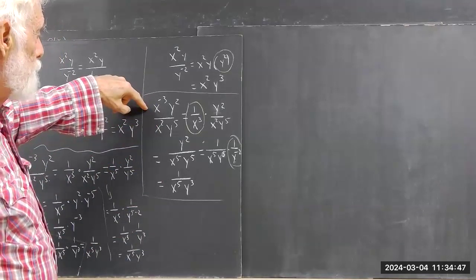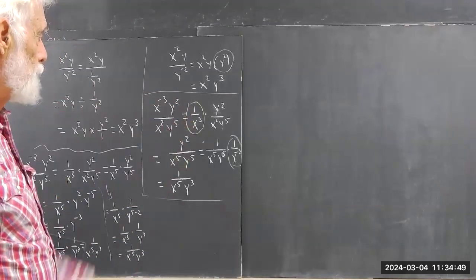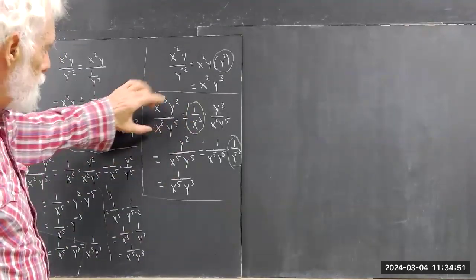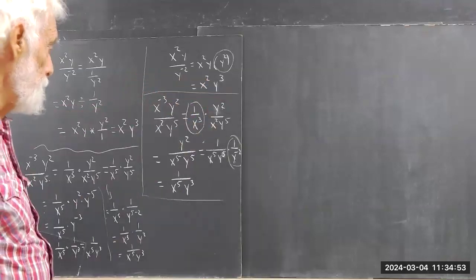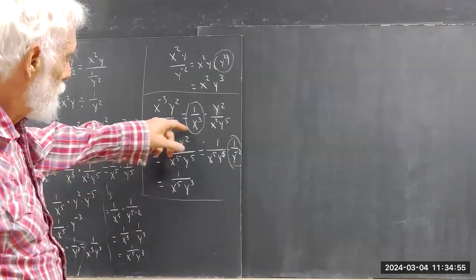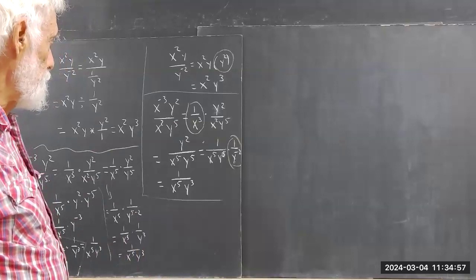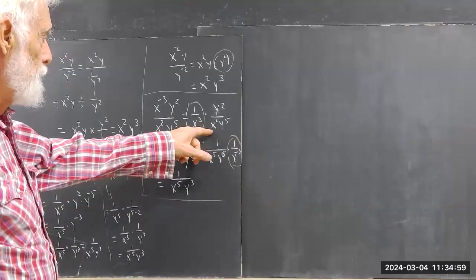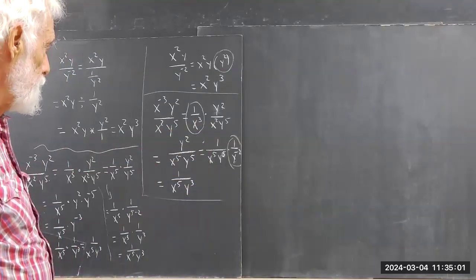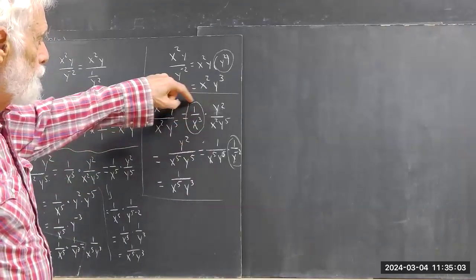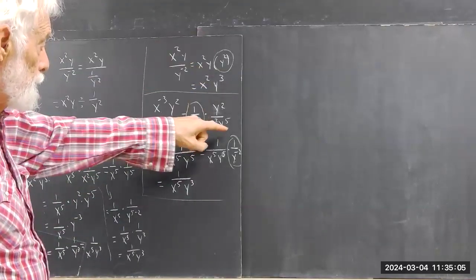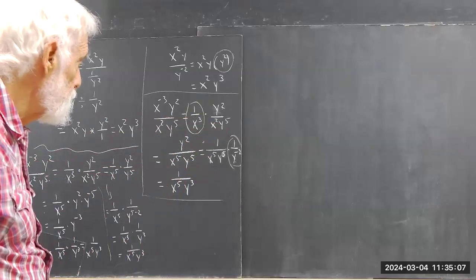Okay. First, I did the x to the negative 3 and wrote it as 1 over x cubed. Then the rest, y squared over x squared y to the 5th. So now my x cubed is going to be in the denominator, and the x cubed is going to multiply the x squared, giving us x to the 5th. And so we're going to have 1 times y squared, which is y squared, and I'll have this y to the 5th.